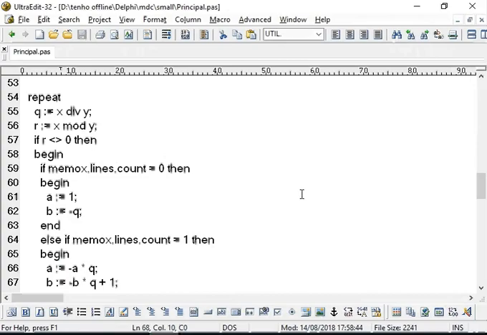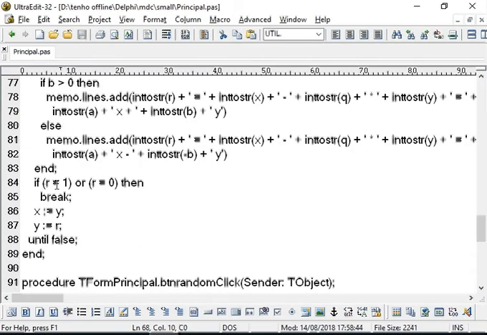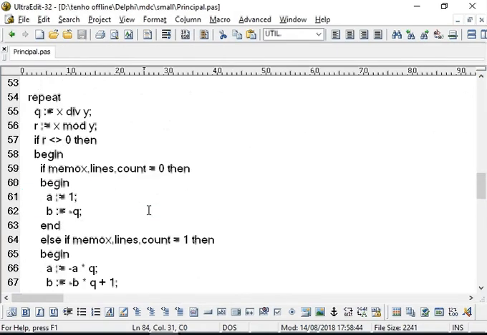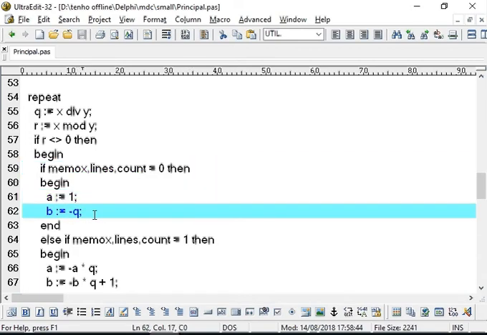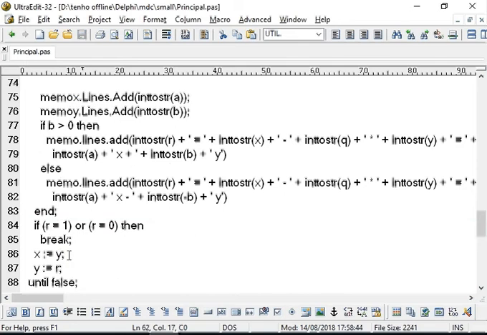Our algorithm, as we did in another video before, is divide x by y. Stop when the remainder is of degree 0. So we're going to have q0, r0, a0, b0. Then we'll add x1, y0, y1, r0.